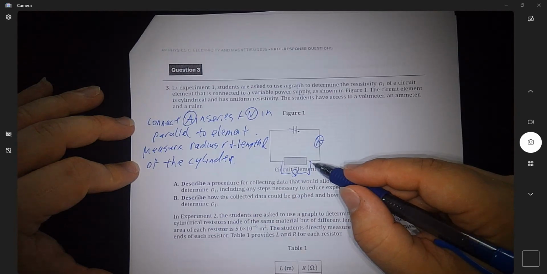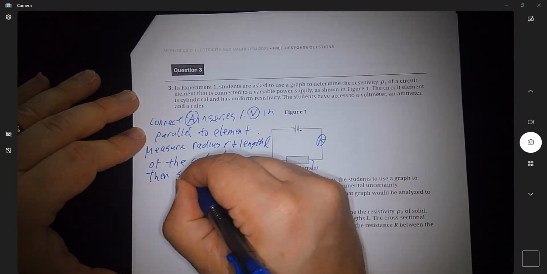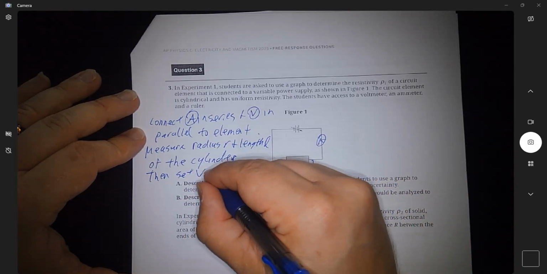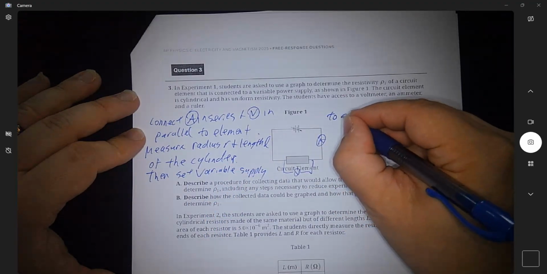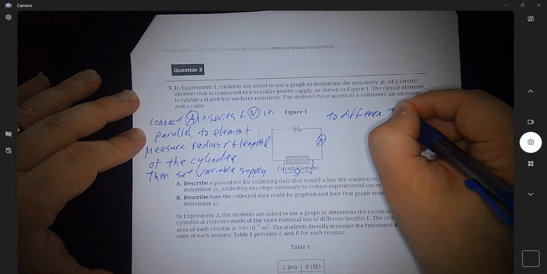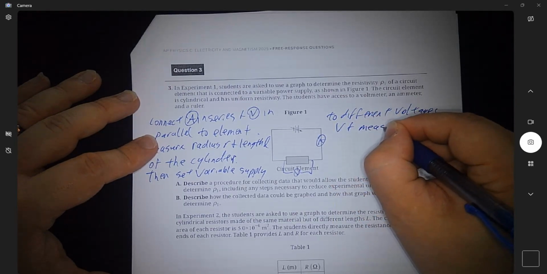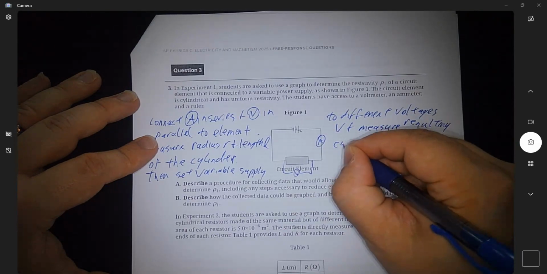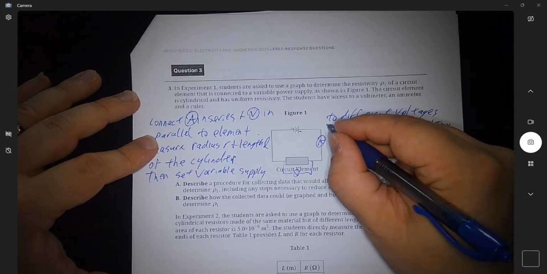Okay, so let's see here. Okay, then set the variable supply to different voltages V and measure the resulting current I with the ammeter, and we're going to measure the voltage with the voltmeter, right?